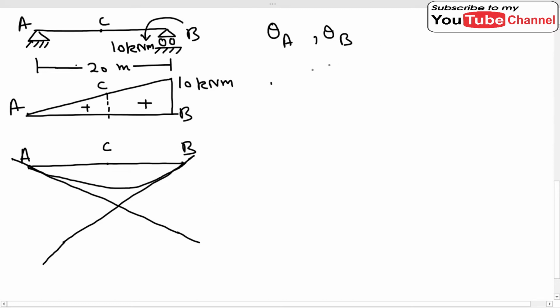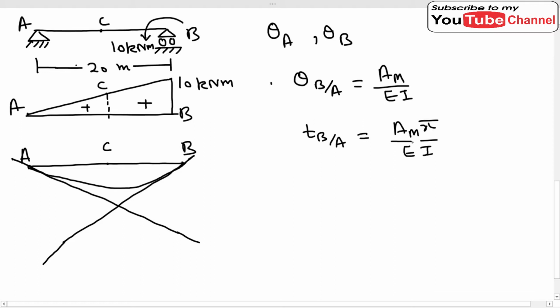Now we have two formulas from Mohr's theorem 1 and Mohr's theorem 2. The first formula is theta B over A is equal to area of the M by EI diagram, that is, A_M upon EI. And the other formula is t B over A is equal to A_M x bar upon EI. Now, the first formula is for finding the slope, and it gives theta B over A. What is theta B over A?